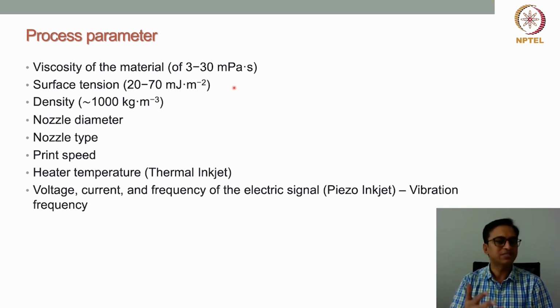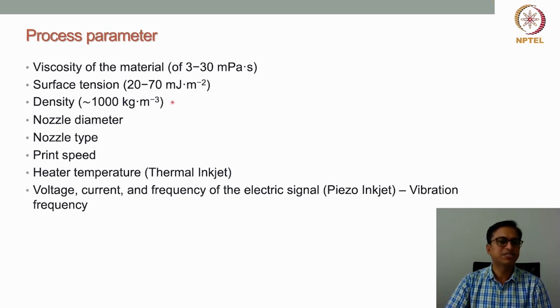So whenever there is a pressure pulse, only at that time the material or the droplets come out. Before that the droplets generally don't come out. So surface tension plays a big role here, and the surface tension should be in that range between 20 to 70 millijoule per meter square. So in this range of surface tension we can definitely use the material.